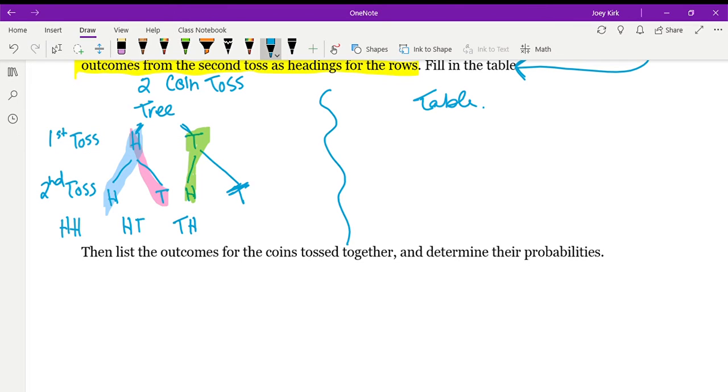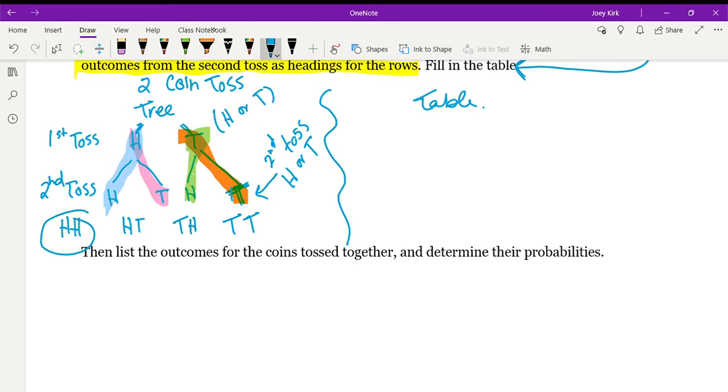Your second toss, you can only get heads or tails, because for our fourth and final option here, we could get a tails and then another tails. Sorry for that goof. So right here, I just messed up. Your second toss, you can have heads or tails. I wrote heads and then heads because I wasn't paying attention. First toss, same thing, right though? Heads or tails. So these are our 4 different possible outcomes.